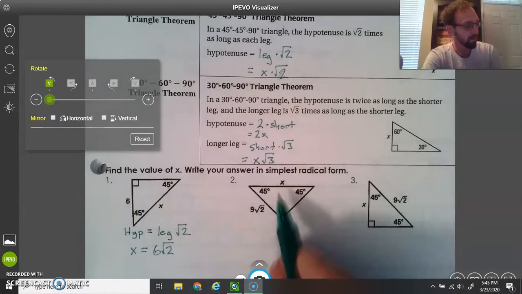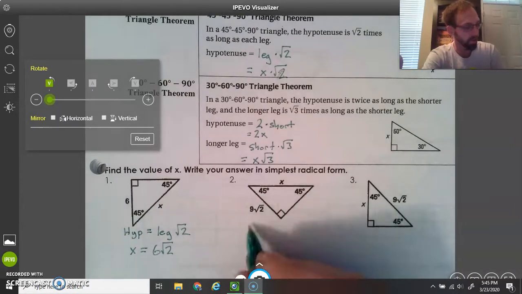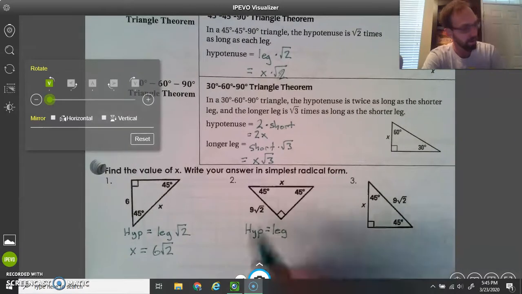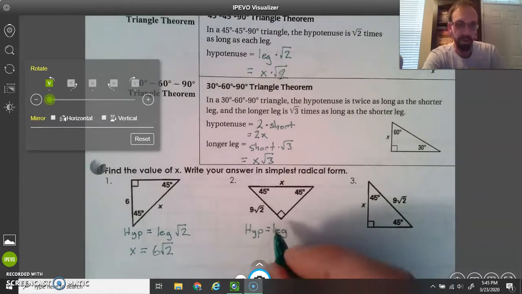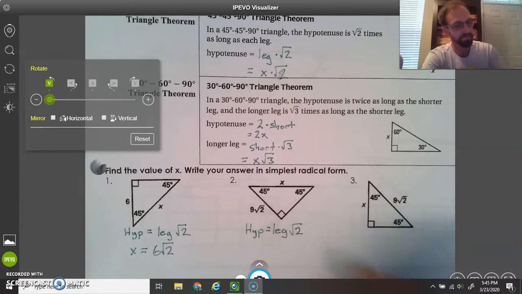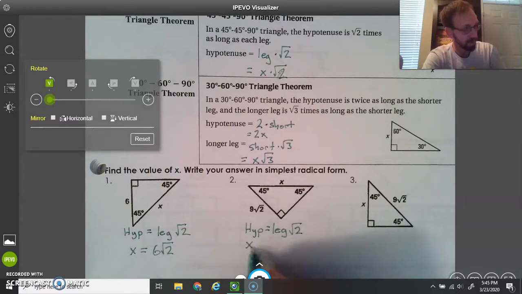This one, we know we're trying to find the hypotenuse, and we know the leg. This is also a 45, 45, 90. So again, hypotenuse equals leg times square root of 2. I'm abbreviating hypotenuse as HYP. It's cool to do that. The hypotenuse, what we're trying to find, is x.